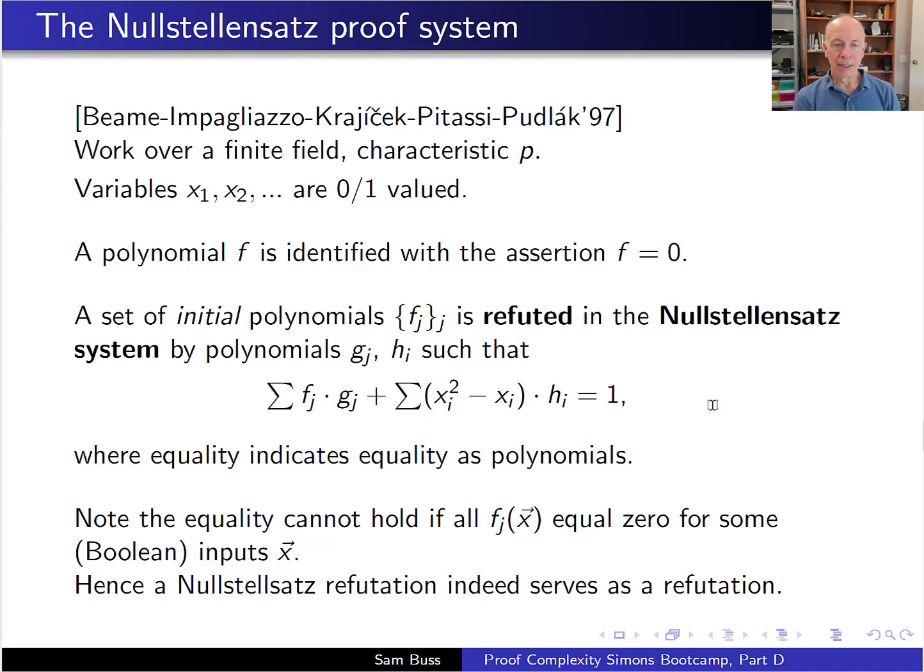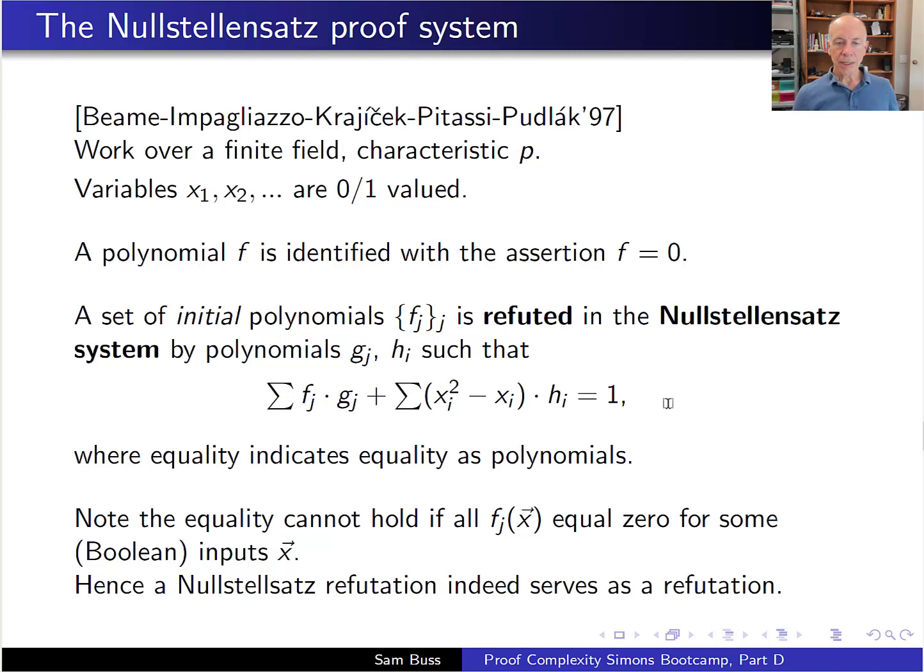And we refute a set of initial polynomials, fj, by giving polynomials gj and h, such that the following equality is a valid polynomial equality. So we have that the sum over j of fj times gj, plus the sum over xi squared minus xi times hi is equal to 1.